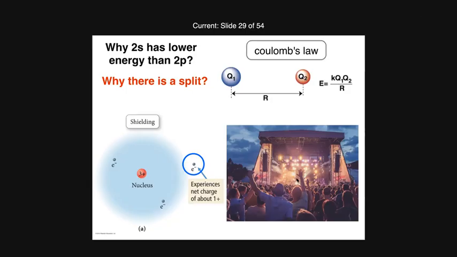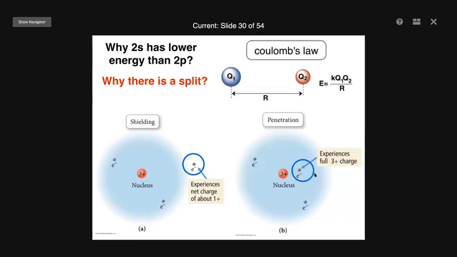So now think about this. What if you are small enough that you can get through this crowd to get closer to the front of the stage? Can you do that? Same thing for electrons too. The orbitals can actually penetrate closer to the nucleus, and this is called the penetration effect, where the electron or the orbital can get closer.